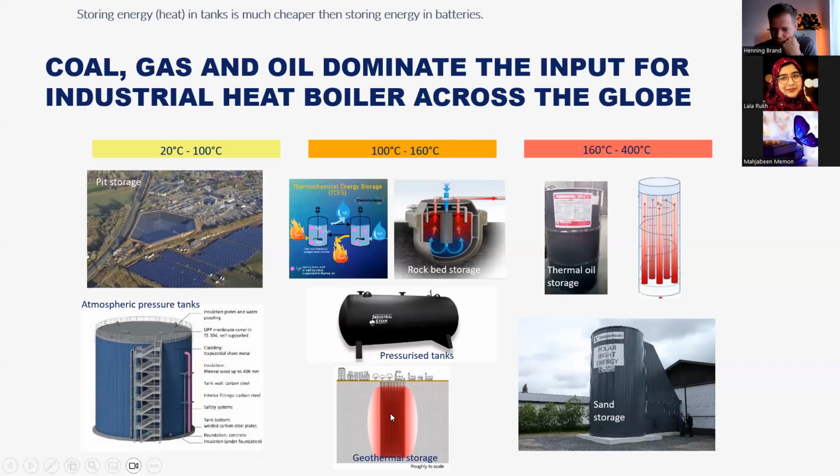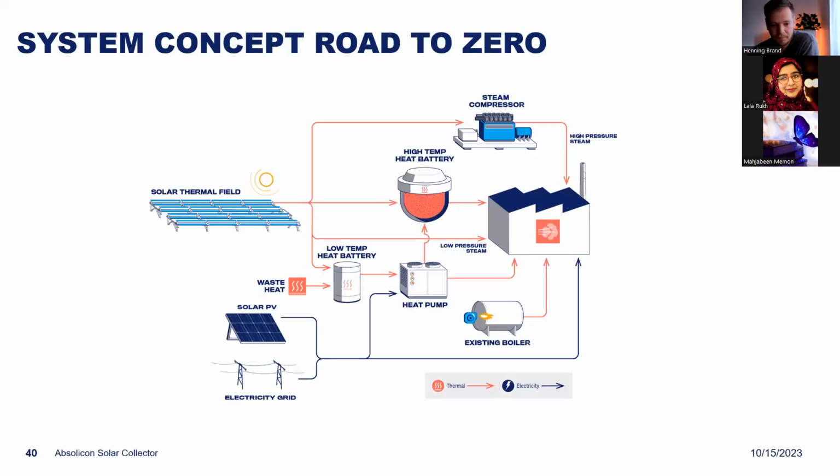This is new, under development, digging very long holes into the ground to actually store the energy for a long time at high temperature. And if you go above 160, normally there will be something like a thermal oil, a phase change material, or this sand storage that can go above 160 as well.